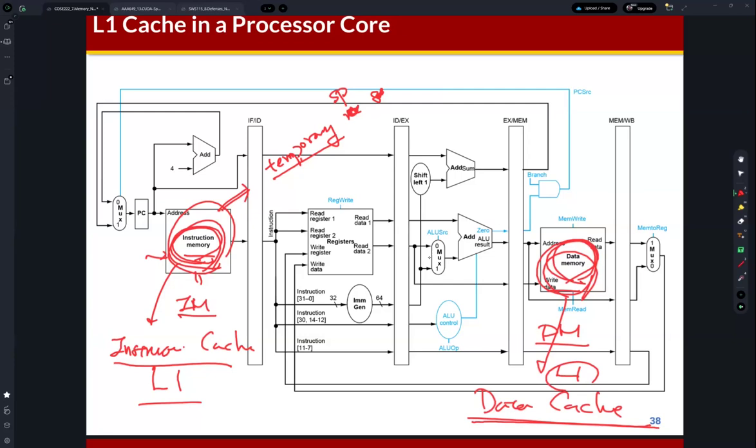So it's very fast. That's why we use caches in this processor architecture. Even though we learned that all these are memories, now you can find that all these are caches.